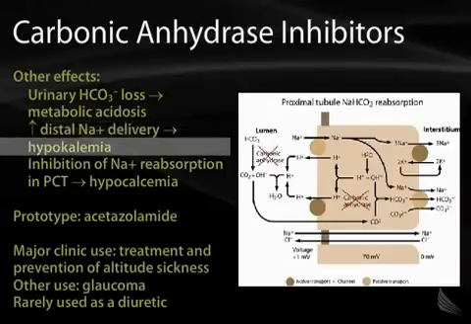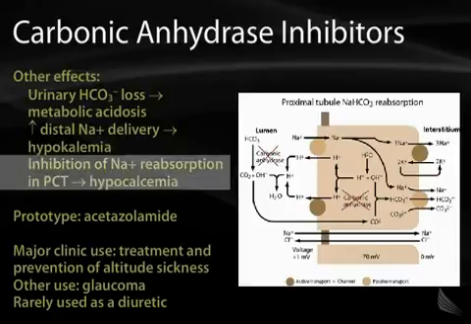Thus, we also see hypokalemia. Because of inhibition of sodium reabsorption in the proximal convoluted tubule, there is thus decreased water reabsorption as well. Given that water reabsorption is necessary for other ion reabsorption through solvent drag, another manifestation seen is increased urinary calcium losses, and in extreme forms, hypocalcemia.